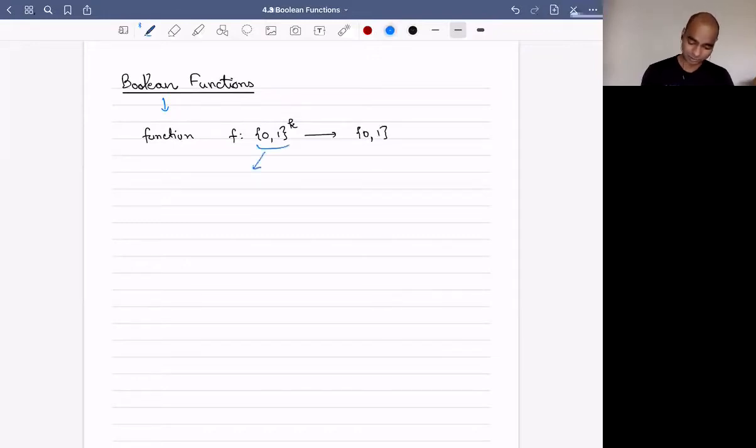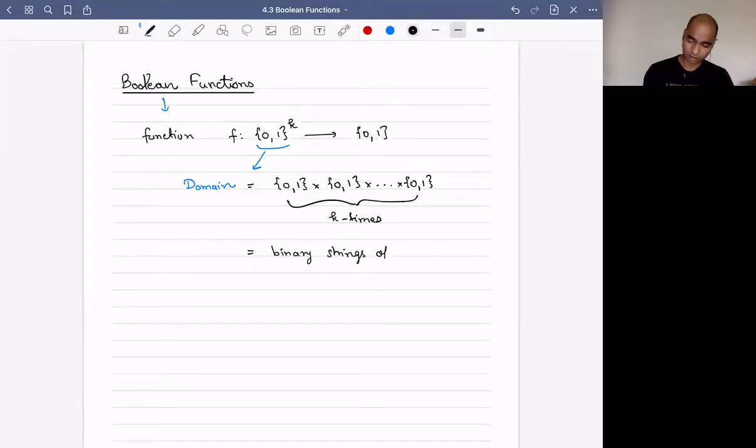This is the domain, and {0, 1}^k is the set {0, 1} cross {0, 1}, k times, and this is nothing but binary strings of length k.